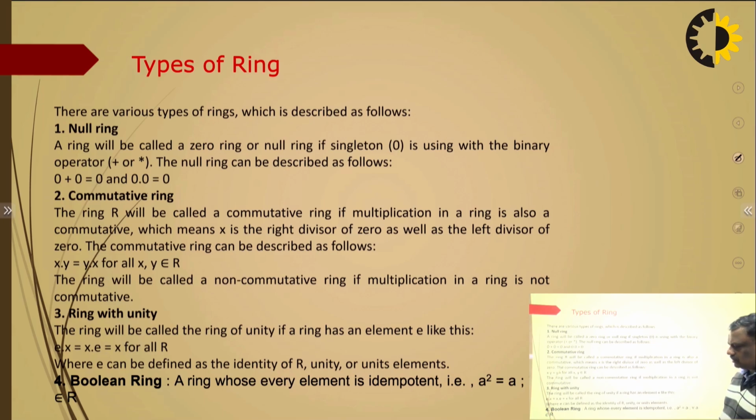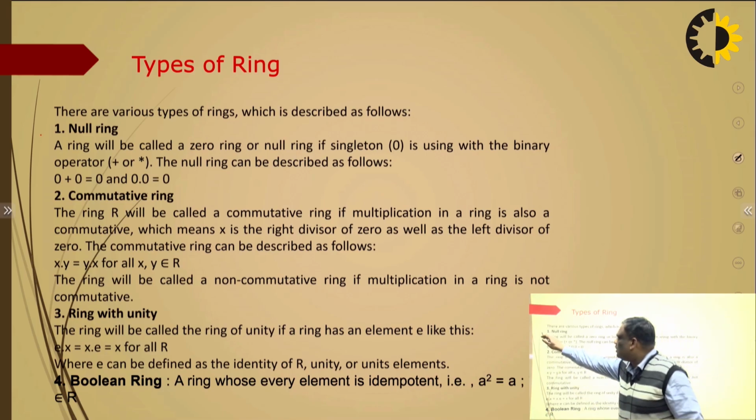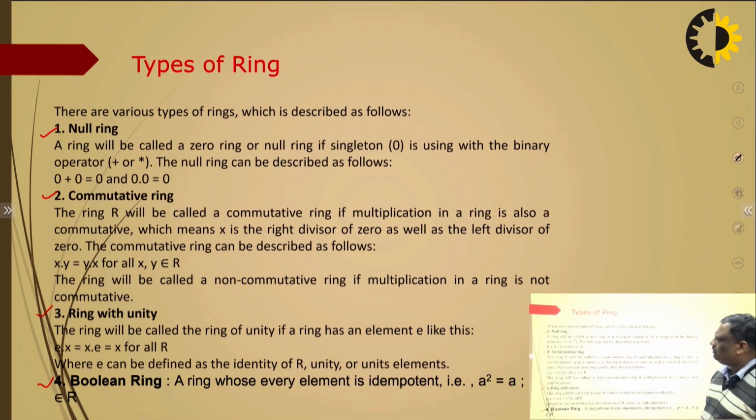The next is types of ring. There are various types of ring: null ring, commutative ring, ring with unity, and Boolean ring. So one by one we can elaborate.